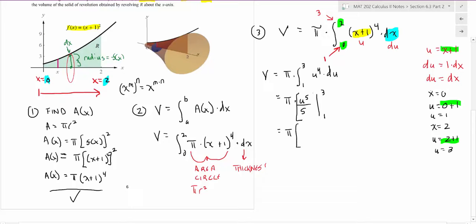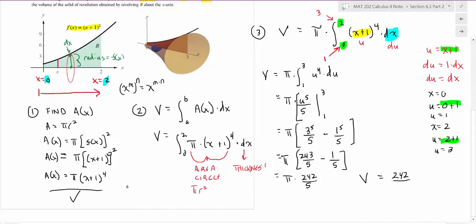By the fundamental theorem of calculus, I'm going to plug in the 3 to get 3 to the fifth over 5, plug in the 1 to get 1 to the fifth over 5, and then subtract the difference. So that's what I'll be working out. So that's going to be pi times 243 fifths minus 1 fifth. So that's going to be pi times 242 fifths. So that means the volume, the final answer, is going to be 242 pi.